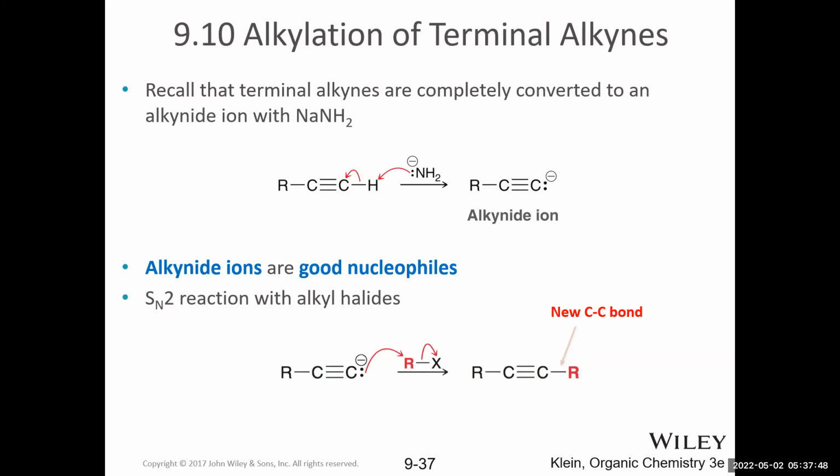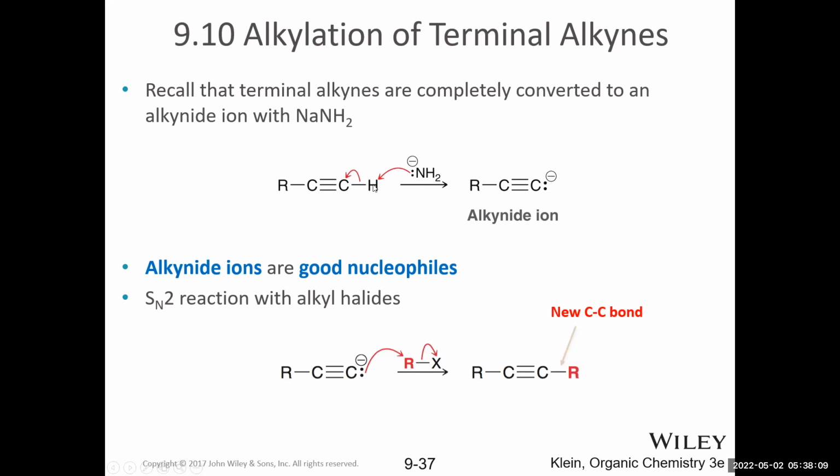Okay, skipping ahead to the end of the chapter for now, I want to cover the alkylation of terminal alkynes because this comes up in your first activity. So recall that terminal alkynes can be deprotonated if you use a strong enough base, such as sodium amide.